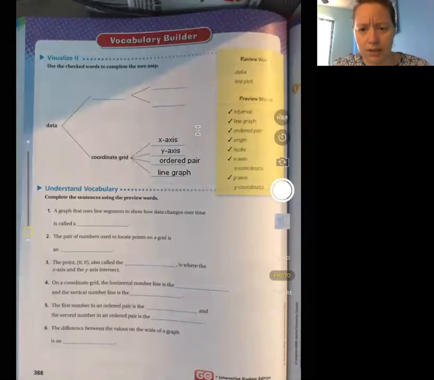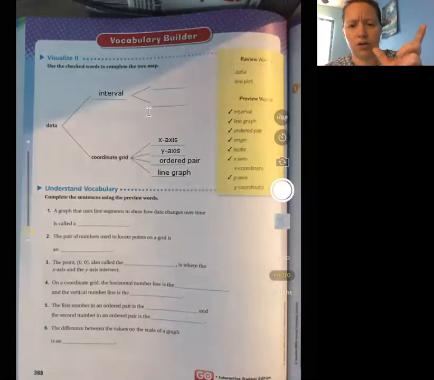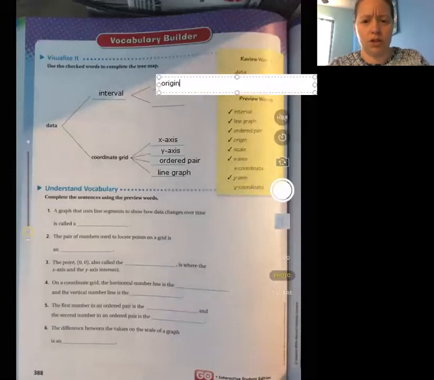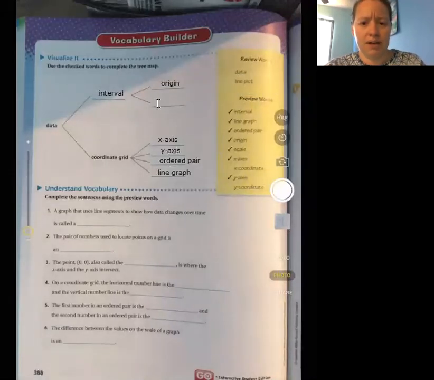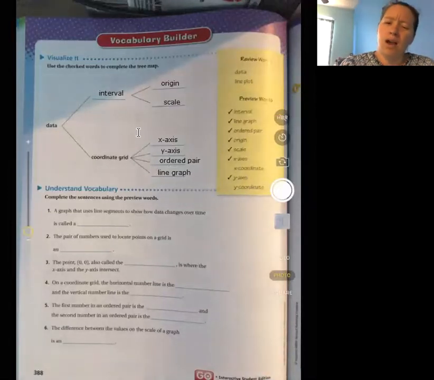So up here, I guess this up here is interval, because that's how far apart things are from each other. And then we would have the origin, which is where we start, and we would have the scale, which is how far apart things are. Although, here's the problem. You can have intervals, origins, and scales on coordinate grids, and that's why this is doing my head in a little bit.